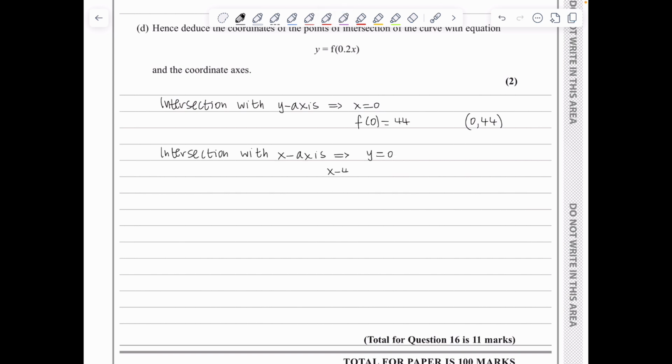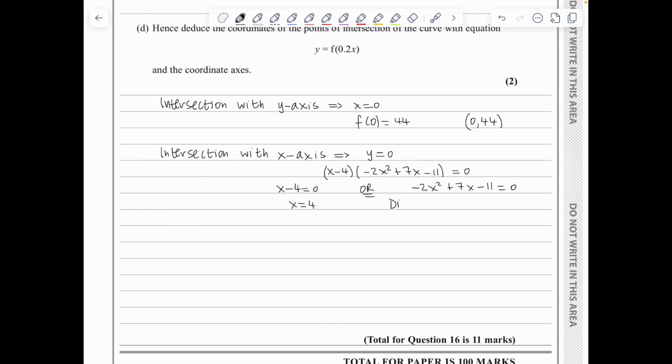And if we are intersecting the x-axis, this means that y is equal to 0, and therefore we've got x minus 4 times the negative 2x squared plus 7x minus 11 being equal to 0. So either x minus 4 is 0, or alternatively, negative 2x squared plus 7x minus 11 is equal to 0. Now, obviously, x is 4 is a solution. However, for the quadratic here, I will consider the discriminant.